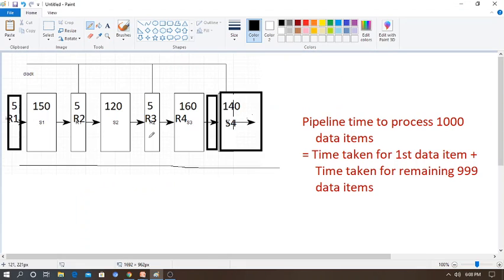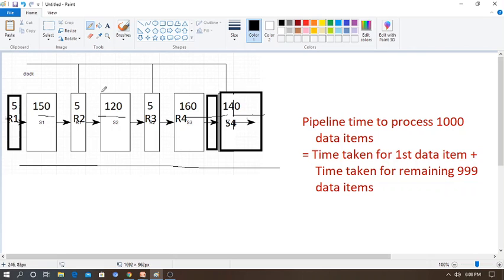Here we can see the diagram with stage 1, stage 2, stage 3 and stage 4 giving delays of 150, 120, 160 and 140. The registers have an equal delay of 5 nanoseconds each, so you have to add that also.